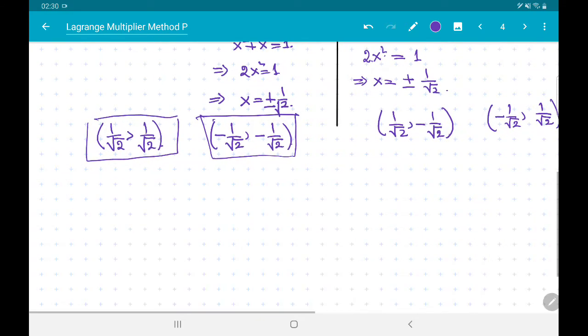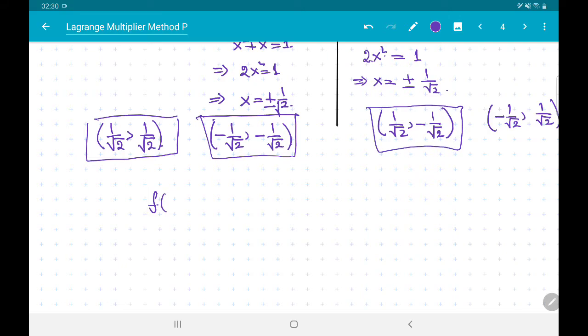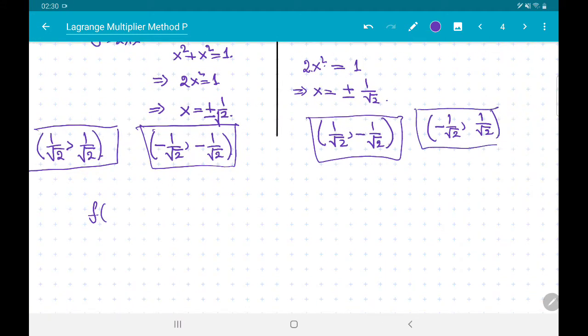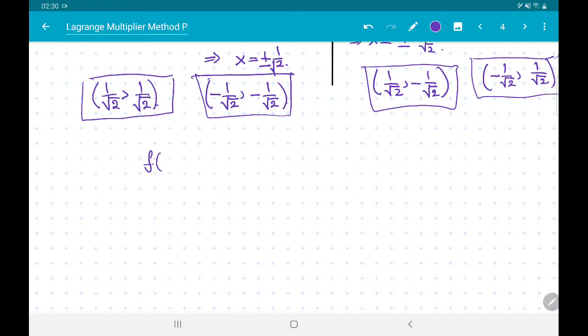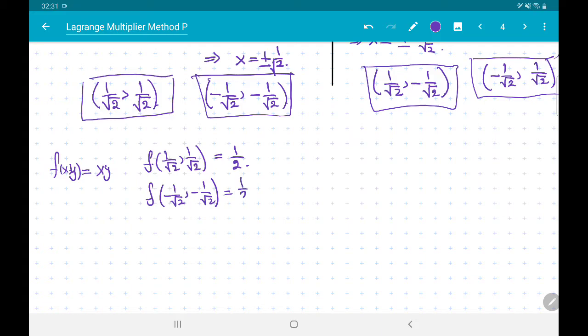So now what we need to do is evaluate f at these 4 points, because these are the points where possibly maxima and minima are occurring. So what is f of 1 by root 2, 1 by root 2? The function is xy, so we are just going to multiply these two things. So this is half. f of minus 1 by root 2, minus 1 by root 2, we are again going to get half.